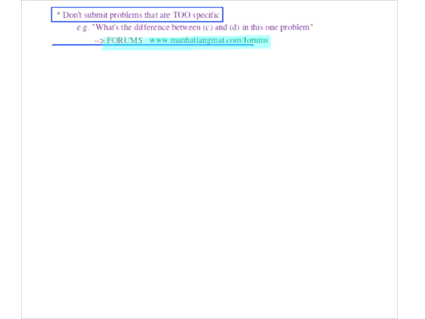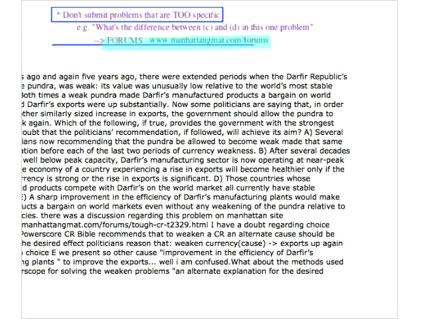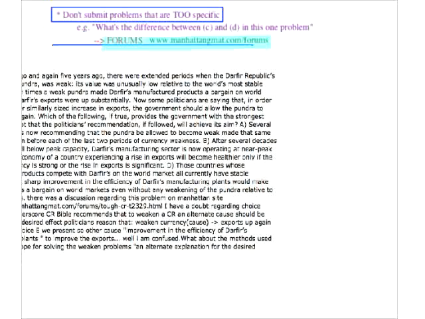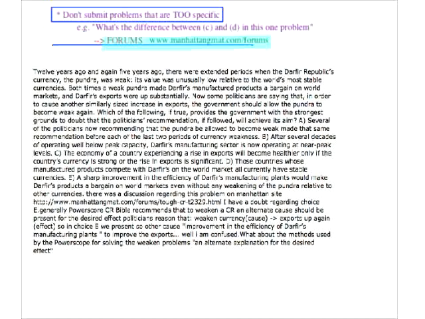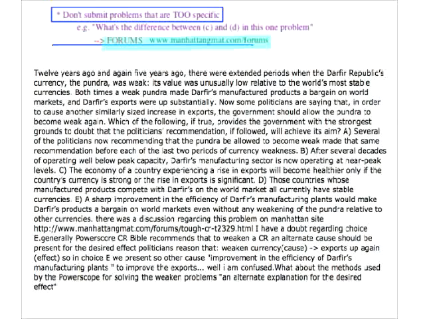Someone's got this giant post where they put a whole critical reasoning problem in there, like this. It'll show up on your screen in just a second. This is the kind of question that you shouldn't submit to the study hall because it's way too specific. What you should do is submit this kind of problem on the forum.